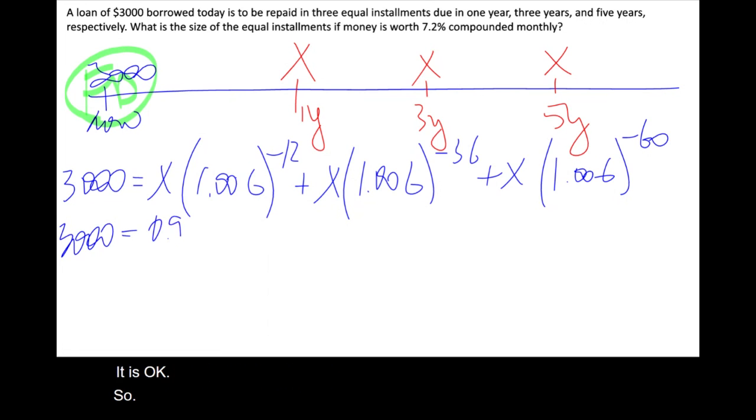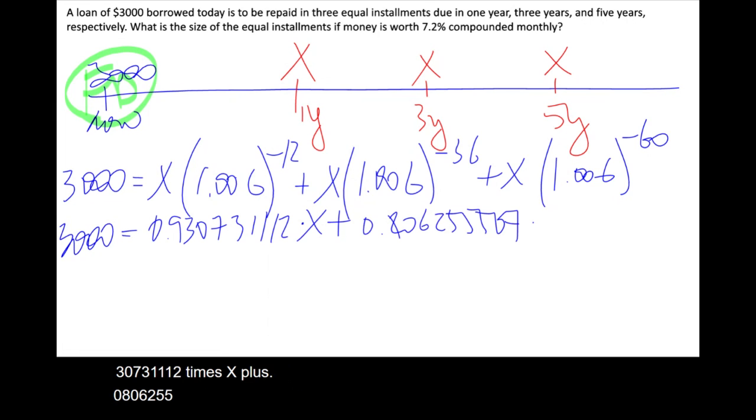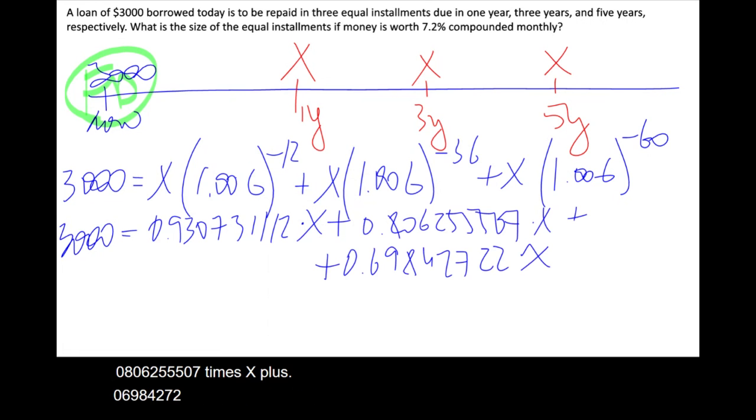So 930731112 times x plus 0.8062555507 times x plus 0.69842722 times x.